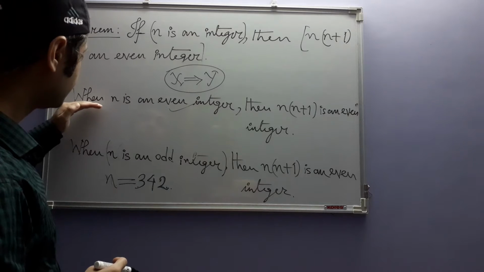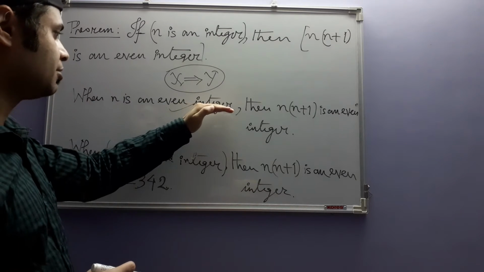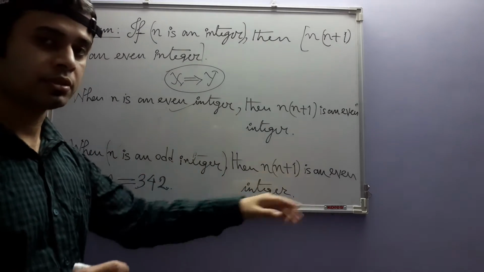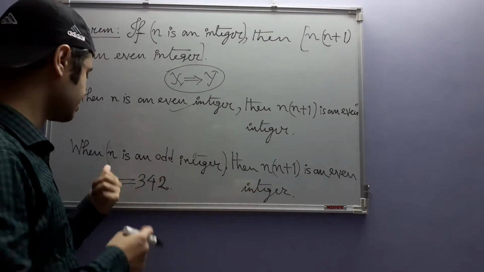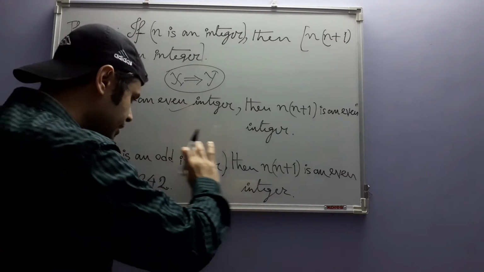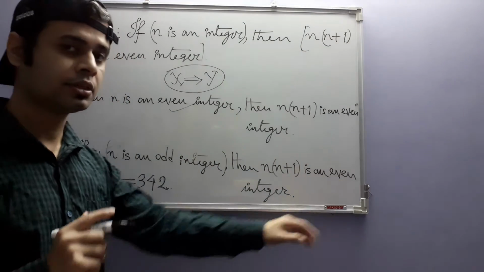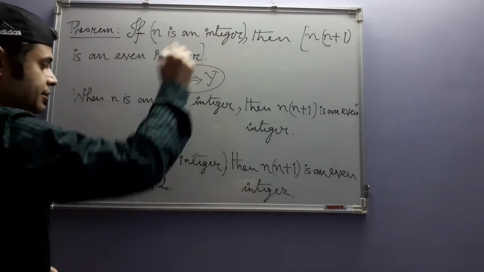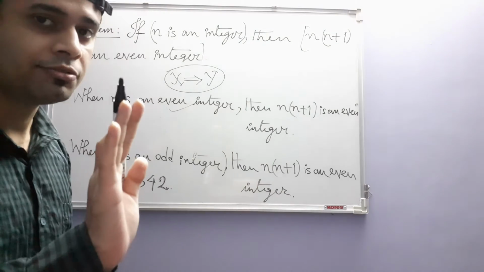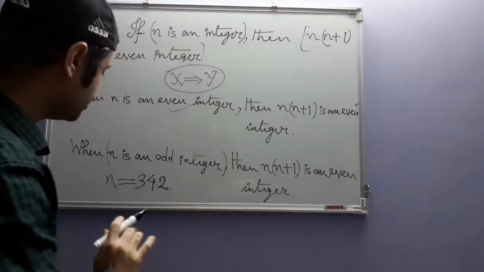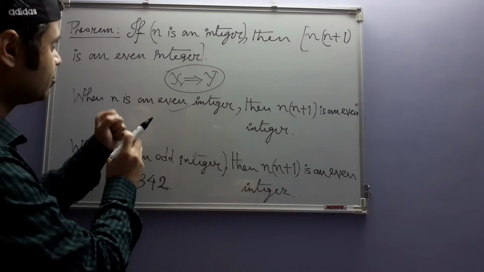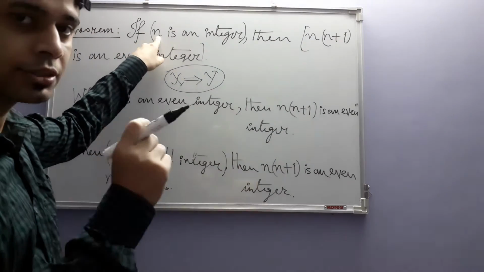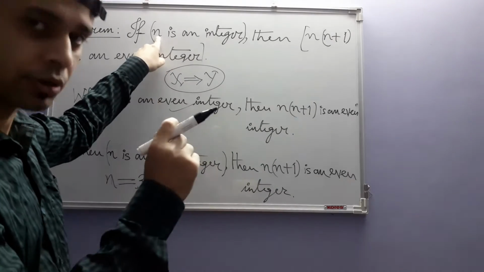You may think that we have assumed n is an even integer, then this happens, and when n is an odd integer, then this happens. Then why is it false? But look carefully: at any given time, since n is an integer, n cannot be both even and odd. So for some particular value of n, although n is a variable, at a given time it takes one particular value and one only.